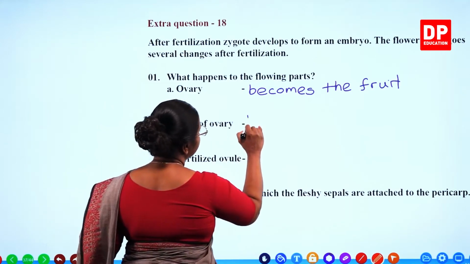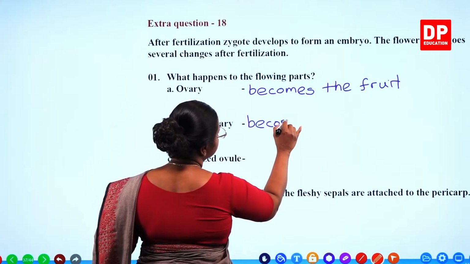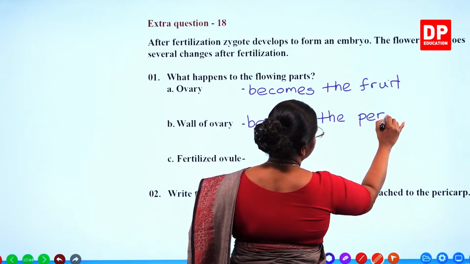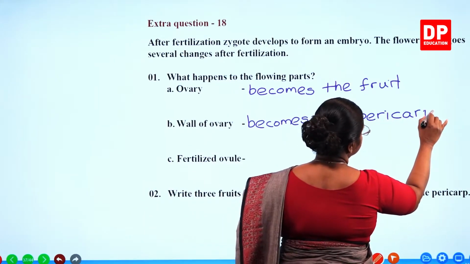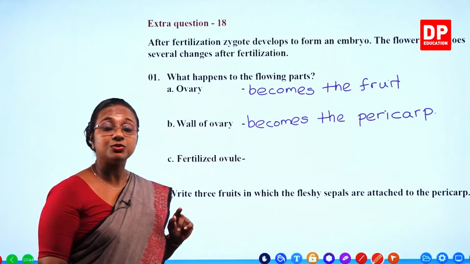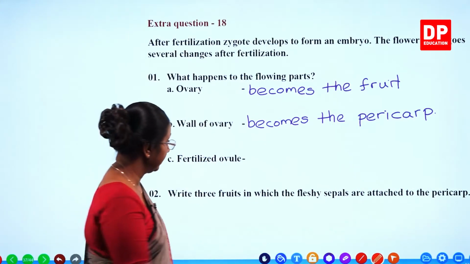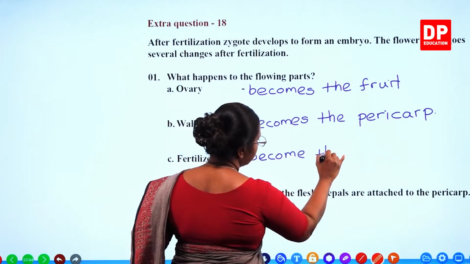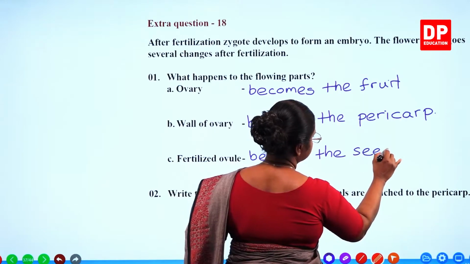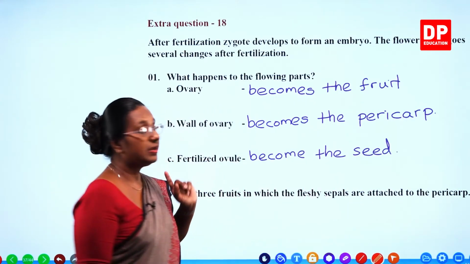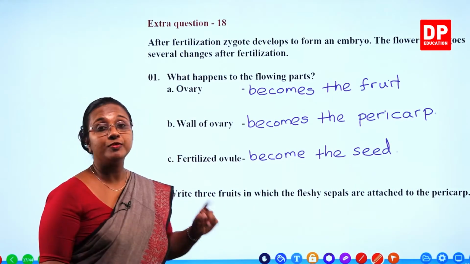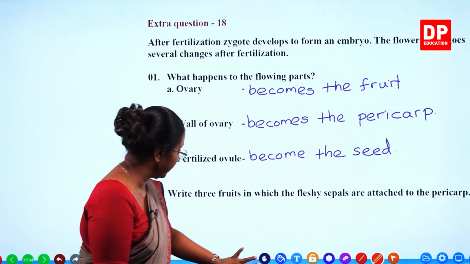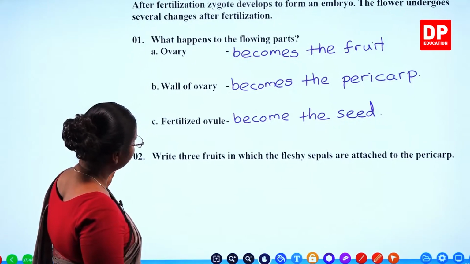Wall of ovary becomes the pericarp. Then fertilized ovules, they become the seeds. So, ovary becomes the fruit, the wall of ovary becomes the pericarp, and the fertilized ovules become the seeds. Then we have the next question.